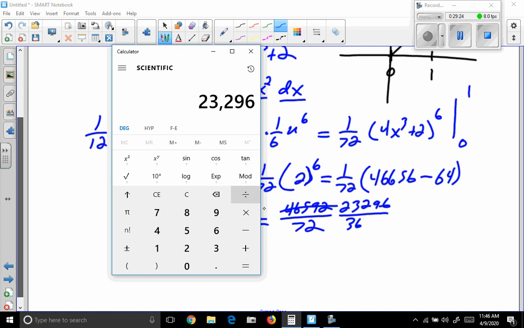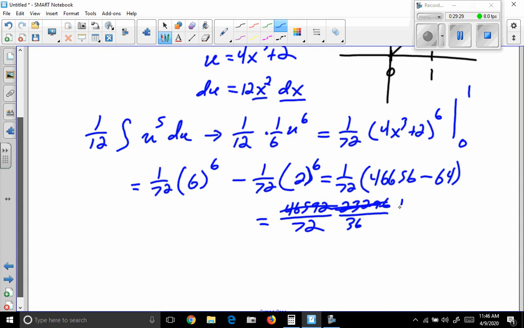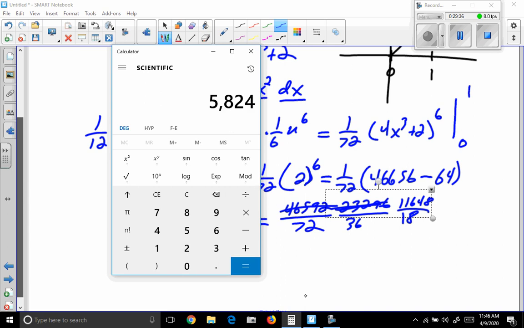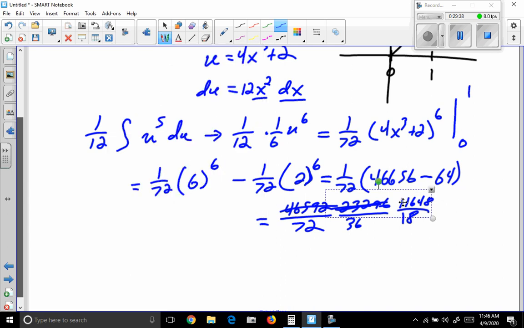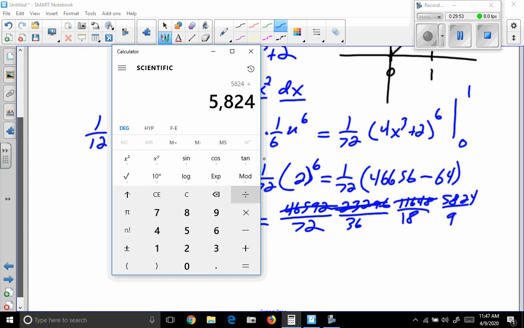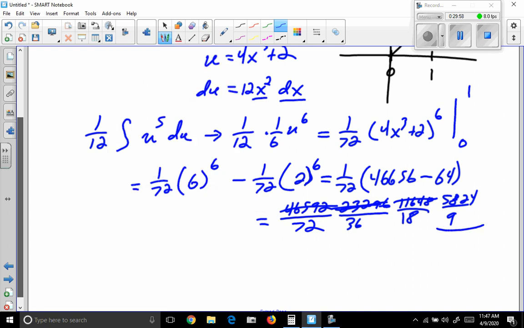If we divide the top by 2 again, we get 11,648, and the bottom by 2, we get 18. Divide them both by 2 again, we get 5,824 on top, and 9 on the bottom. Does that divide by 3? No. So that doesn't reduce anymore, so that's completely reduced.